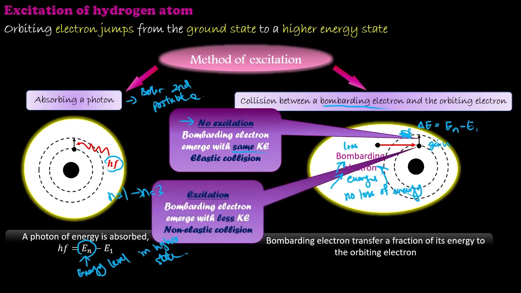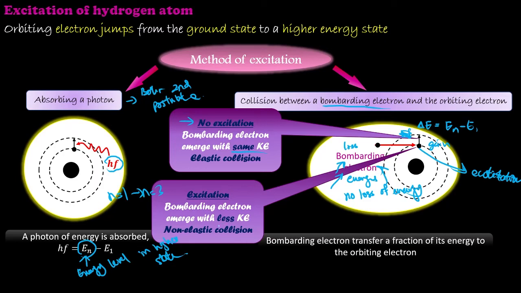If the orbiting electron is excited, it moves from the ground state to a higher energy state, and the bombarding electron will lose energy.